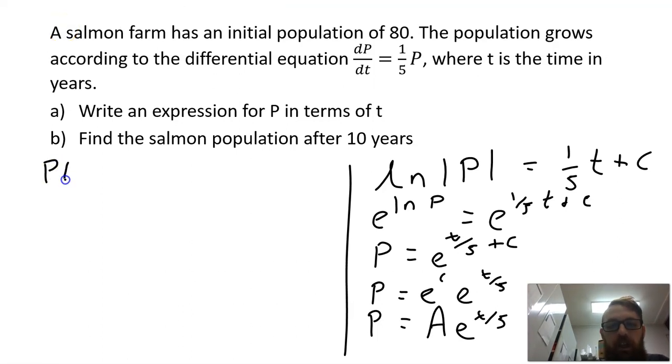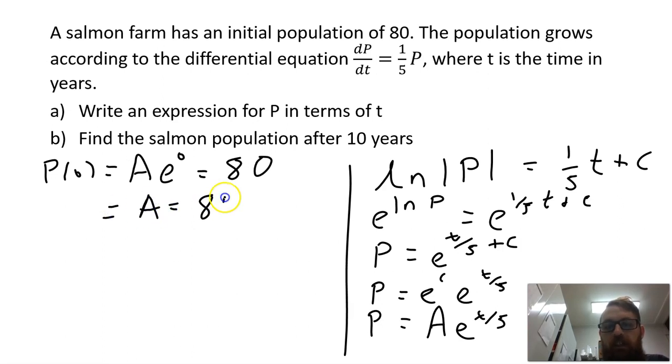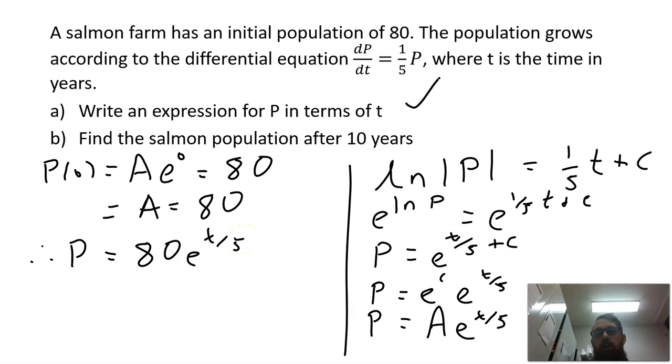So p of 0 equals a e to the 0 over 5, and that's going to equal 80. Anything to the power of 0 is 1, so I'm left with a equals 80, and therefore p is equal to 80 e to the t on 5. I have done my first component.